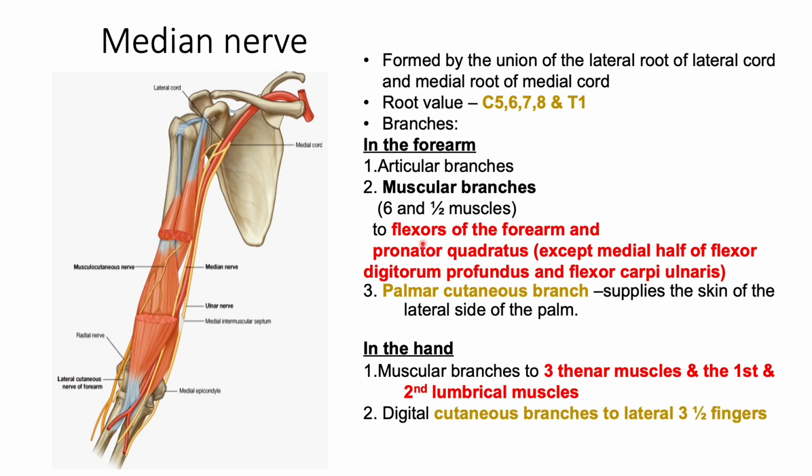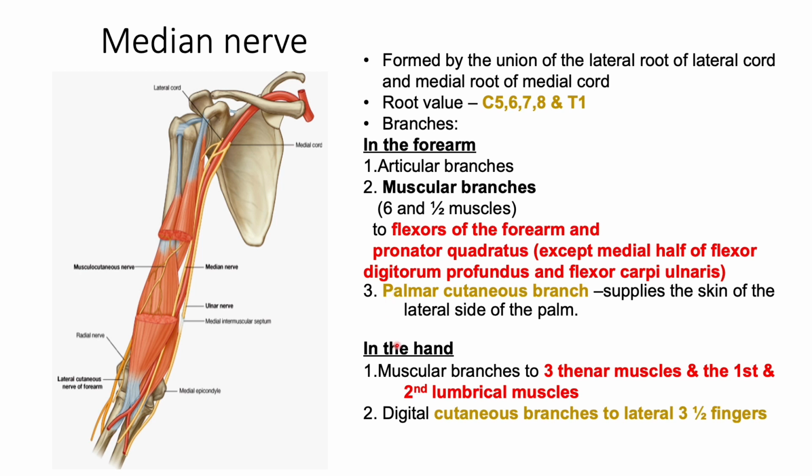So these 6.5 muscles are supplied by the median nerve, except the medial half of flexor digitorum profundus and flexor carpi ulnaris. These two muscles are supplied by the ulnar nerve. The rest are by the median nerve. Then it also gives a cutaneous branch, which mainly supplies the skin of the lateral side of the palm. That cutaneous branch is called the palmar cutaneous branch.